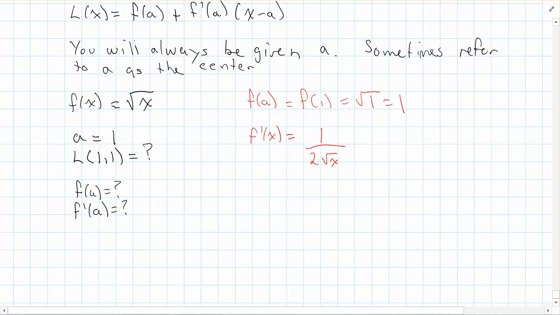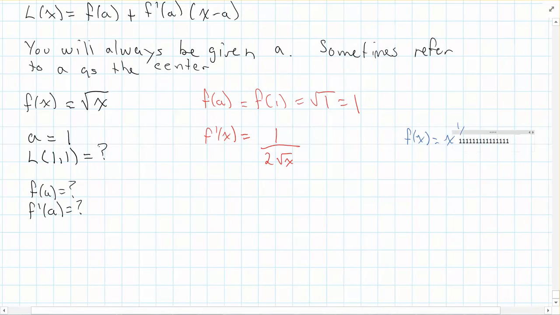If you don't see that right away, I'll put it off to the side here. Remember that f at x is x to the 1/2, and f prime at x would be 1/2 x to the negative 1/2, which is 1/2 square root of x.